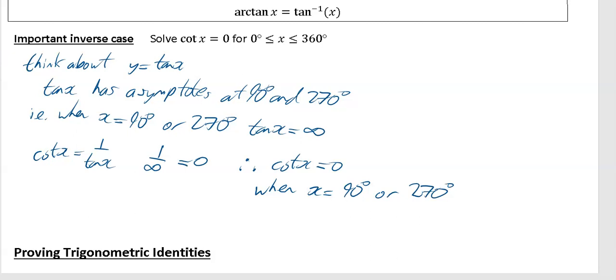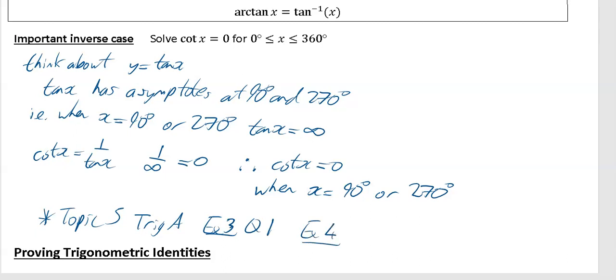Right, we are now ready to do topic 5. I think we're still on trig, part A, but we could do exercise 3, question 1, and also exercise 4 as well.